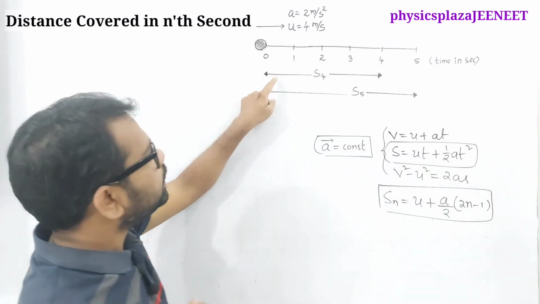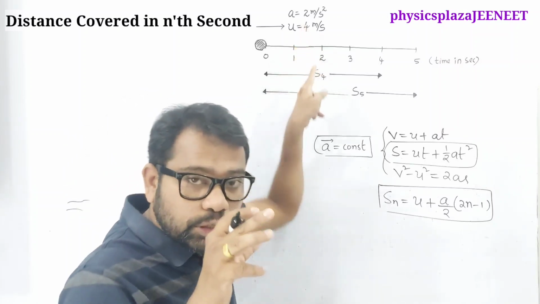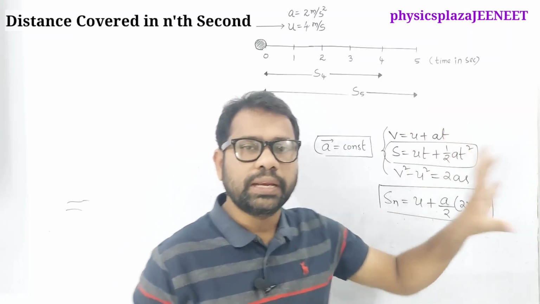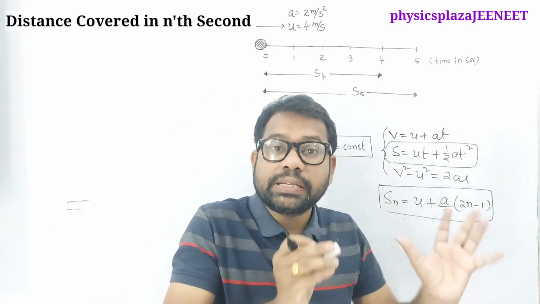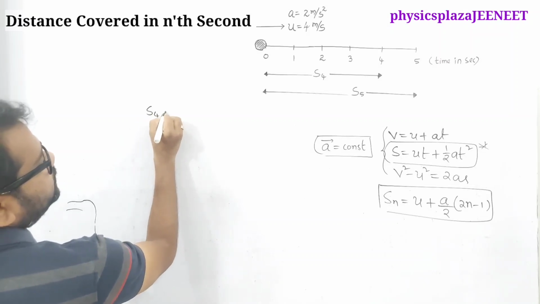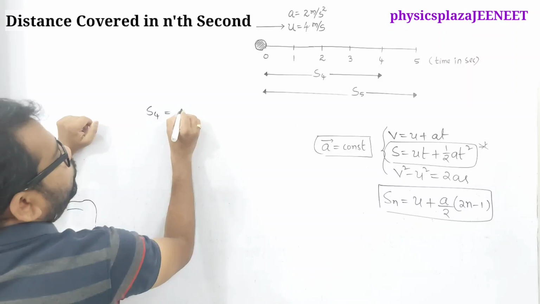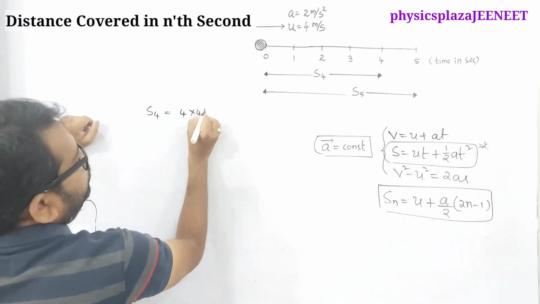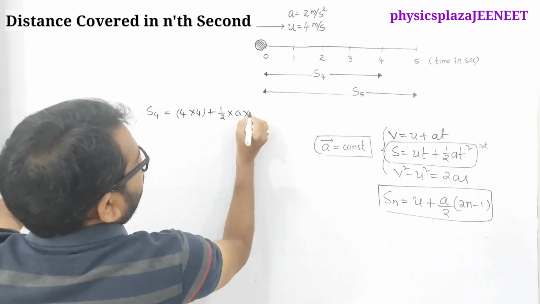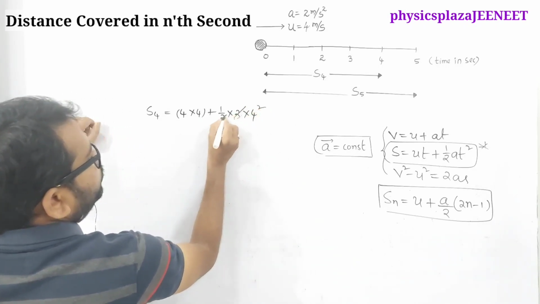As per the question, children, a body initially has a velocity of 4 meters per second and is moving with a uniform acceleration of 2 meters per second squared. Then they are asking us to calculate the distance covered in 4 seconds and the distance covered in 5 seconds. Distance covered in 4 seconds is equal to ut plus half at square. U is 4, t is 4, plus half, a is 2, t square is 16. The 2 cancel.